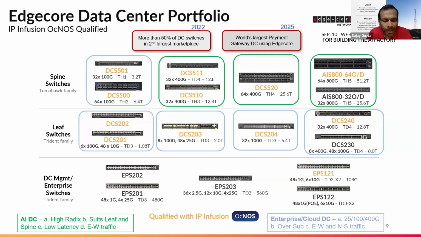When I say high radix, they have the capacity to spray packets to multiple GPU systems and GPU clusters under fine-grained control. And each of these is designed for a very good east-west traffic load, which we will understand a little more in the following slides, right?